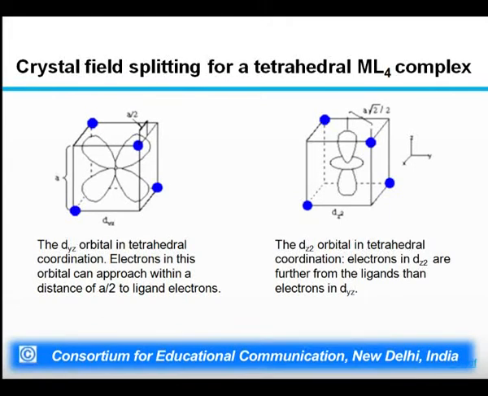So, consequently, an electron in the dz square orbital can approach only within a distance of √2a/2 to any one of the ligands. Since the distance is more, the repulsion experienced by the dz square orbital would be less in comparison to the repulsion experienced by the electron in the dyz orbital.